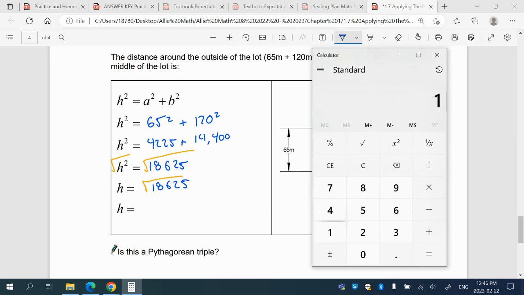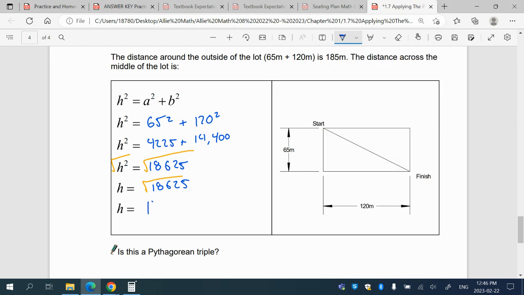Square root 18,625 equals, hello? Okay, let's try it again. 18,625 square root. There we go. 136.5 meters. So that's 136.5 meters.